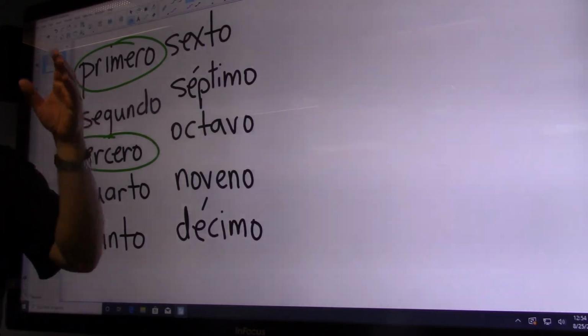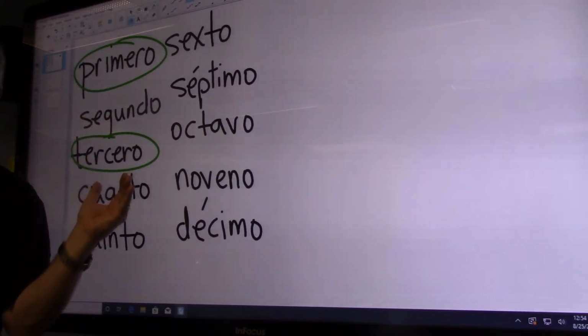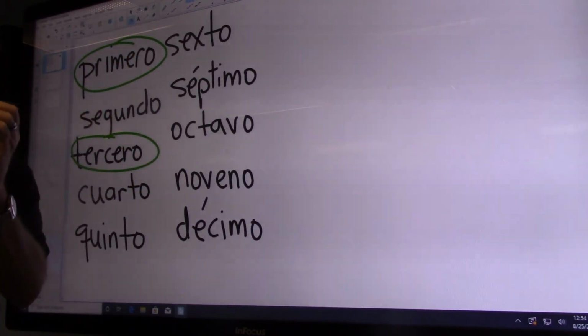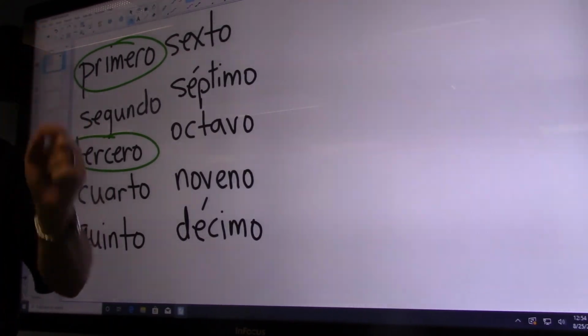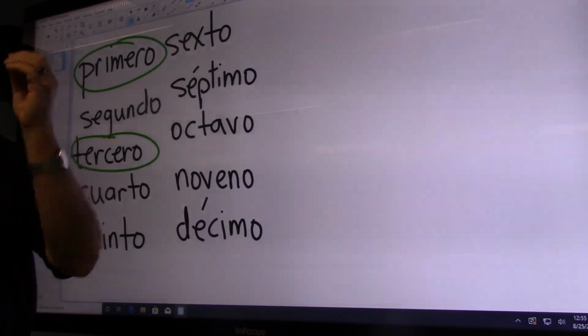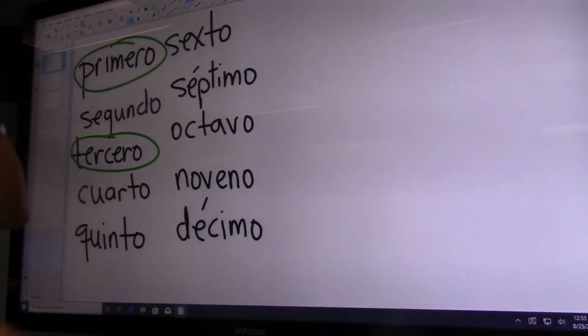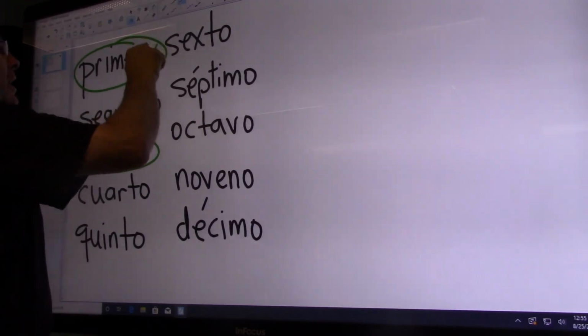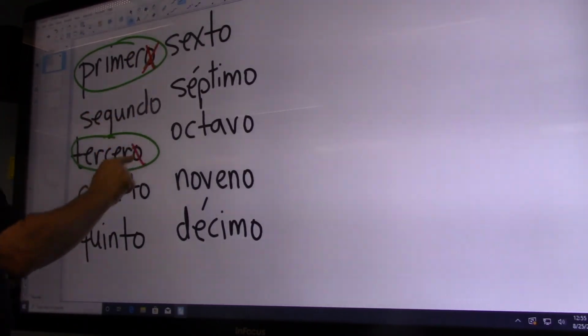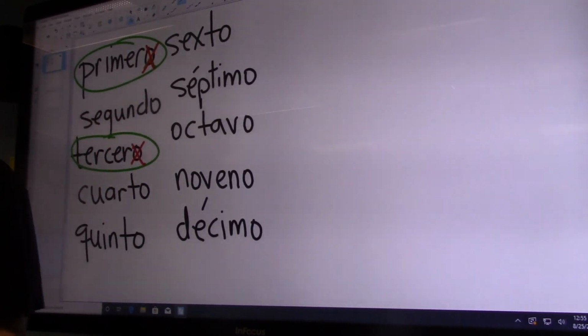But I'm going to explain to you what we have to do to first and third when used in a very particular way. When used before a singular masculine noun, these are the masculine versions, we have to change the spelling. We got to drop the O off of primero, and we got to drop the O off of tercero.